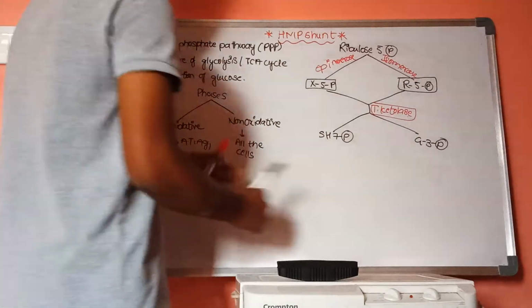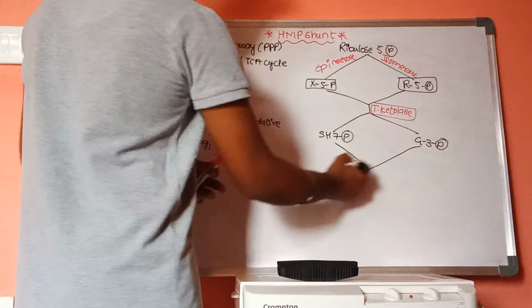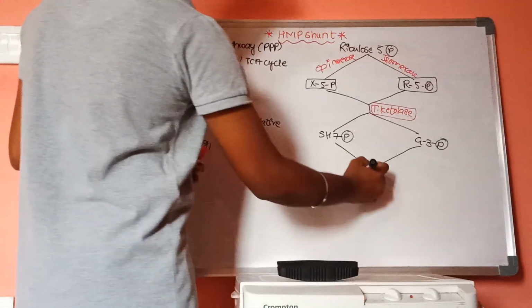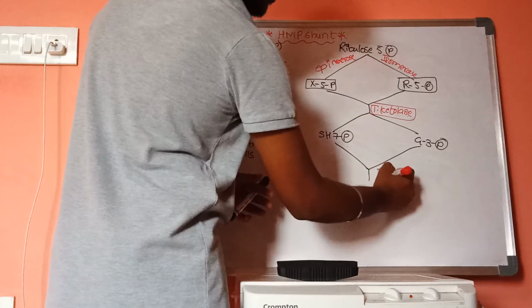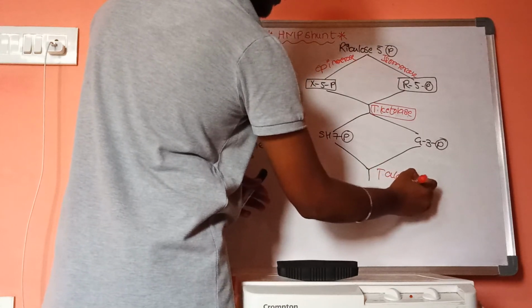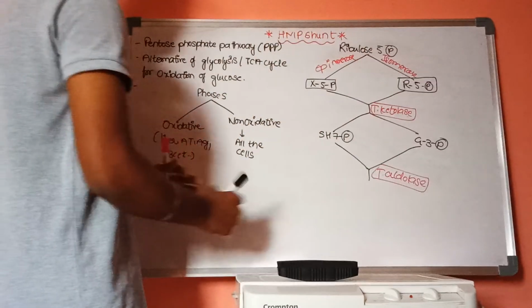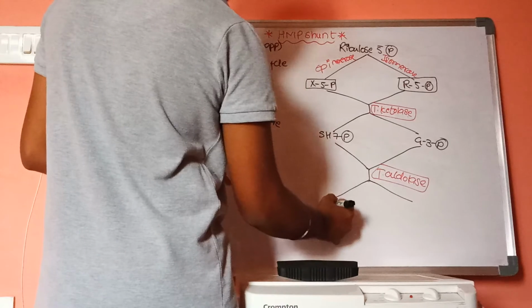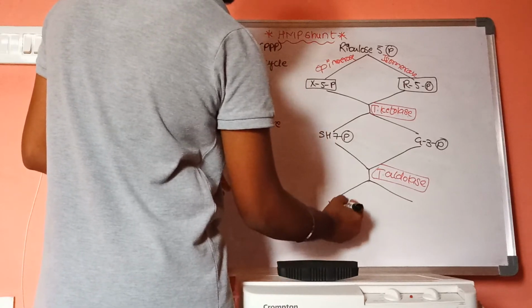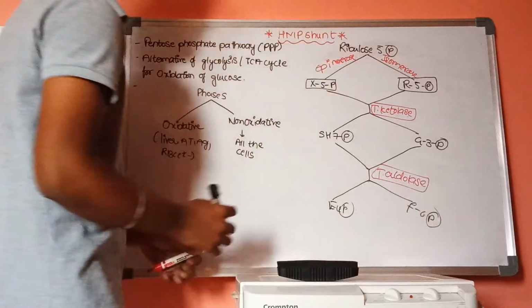Now these will get united with the help of the enzyme transaldolase and will form two substances, erythrose 4-phosphate and fructose 6-phosphate.